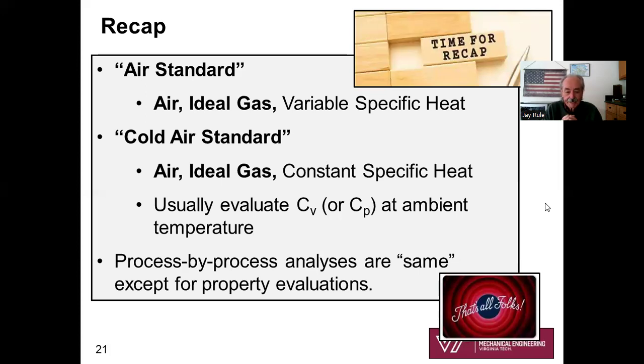What I want you to recognize is that the process by process analyses, 1 to 2, 2 to 3, 3 to 4, 4 to 1, each of those really use the same fundamental equations. All you're doing is using property evaluations that are different with 2 different specific heat models. I hope that helps.